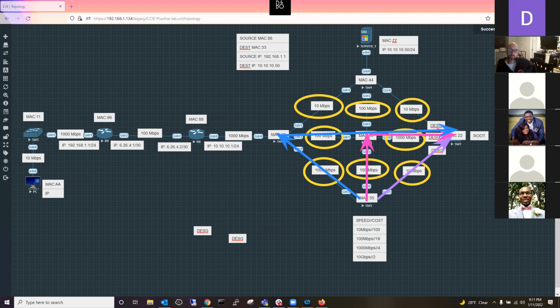Okay, so we got 4 plus 19. Now we're back at switch 6 again, and then from switch 6 to the root, we're looking at another 4. So 23 plus 4, we're looking at 27. So your root port is going to be gig 00. Exactly. Switch 5. Yeah. Exactly.